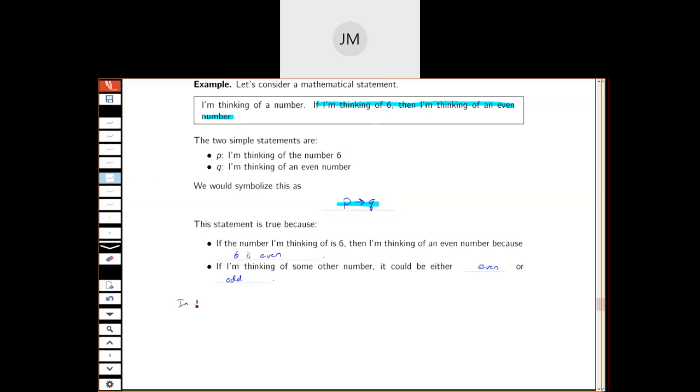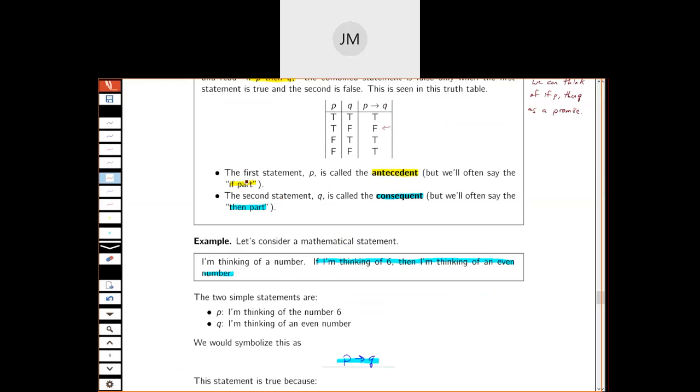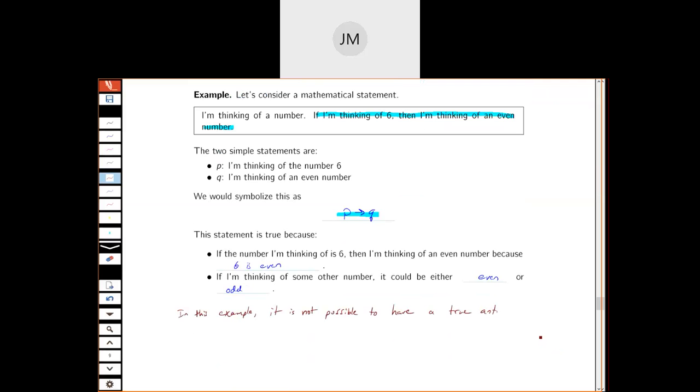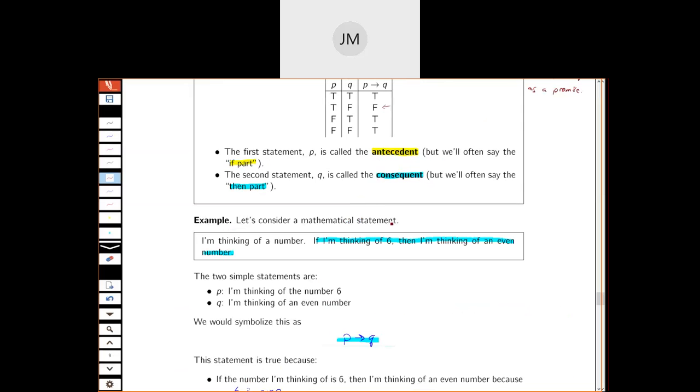So in this case, it is not possible to have a true antecedent, or we could just say if part, and a false consequent, or then part.